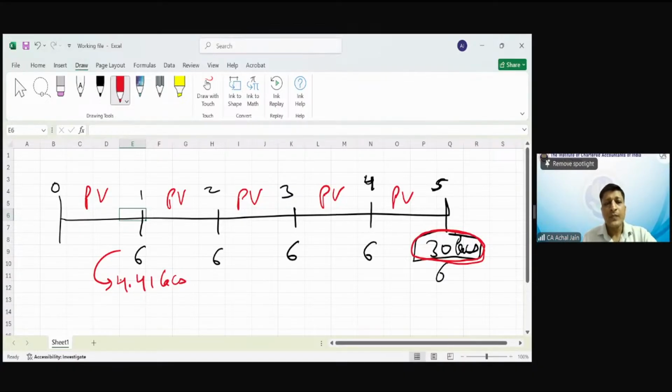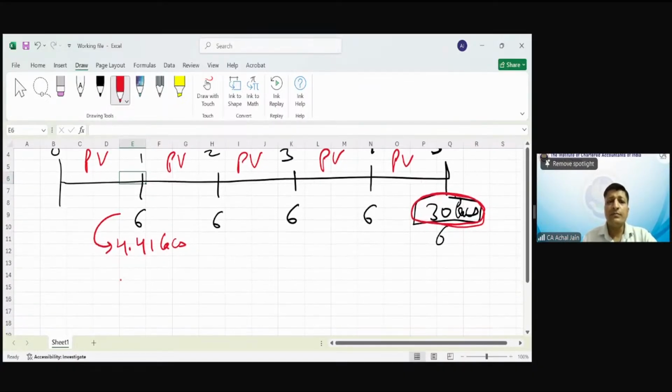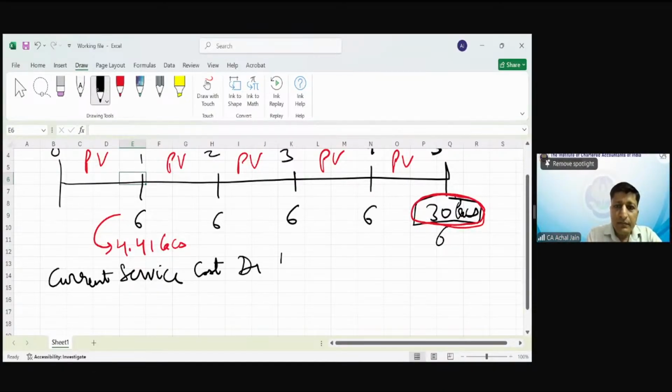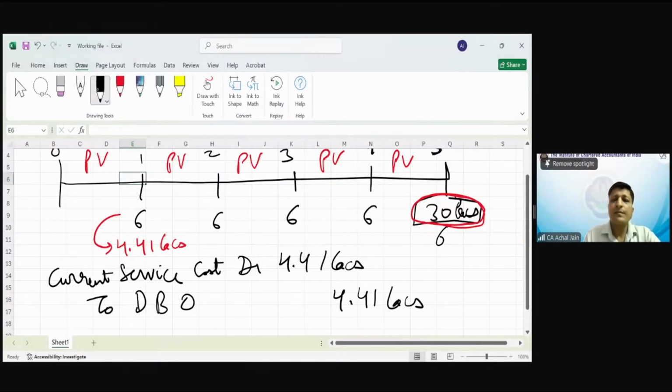So at the end of first year, you will say current service cost debit 4.41 lakhs to defined benefit obligation 4.41 lakhs. So this goes to P&L, this goes to liability, or you can say the balance sheet.